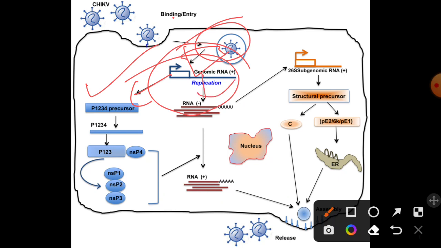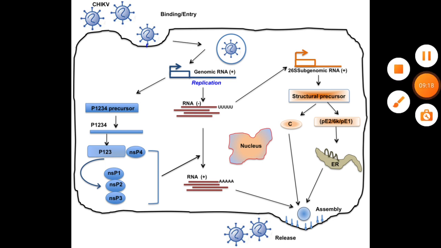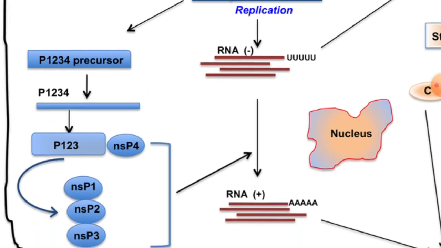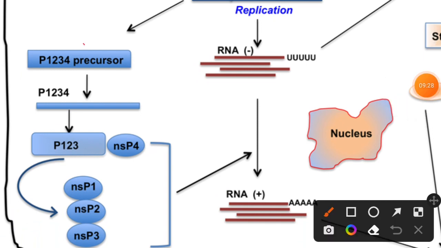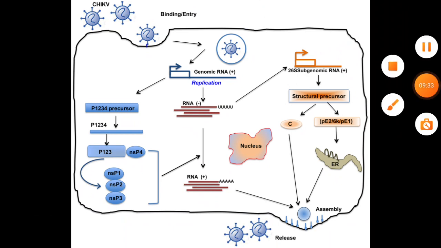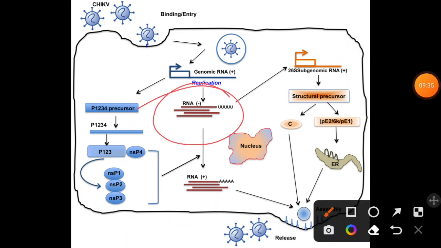The negative sense RNA genome contains a poly U repeat, and it will synthesize positive sense RNA with the help of a molecule produced by the P1234 precursor. Now this negative sense RNA genome containing poly U will synthesize 26S subgenomic RNA.